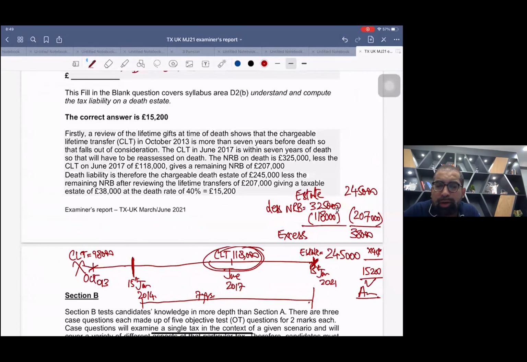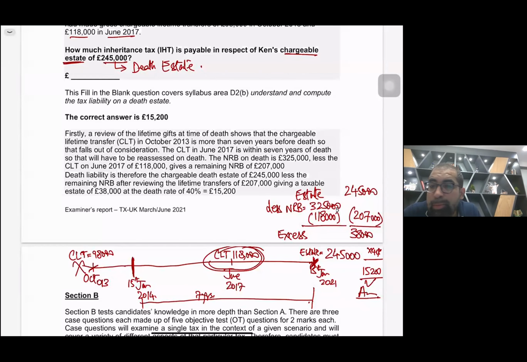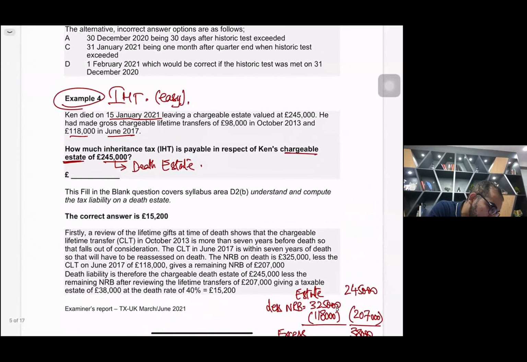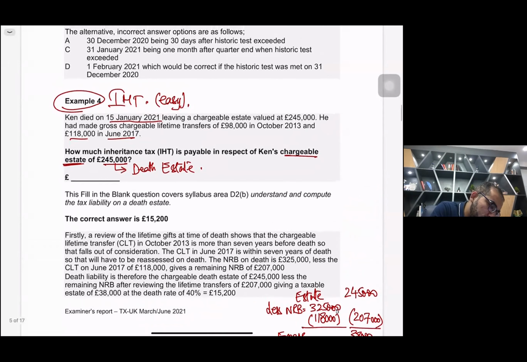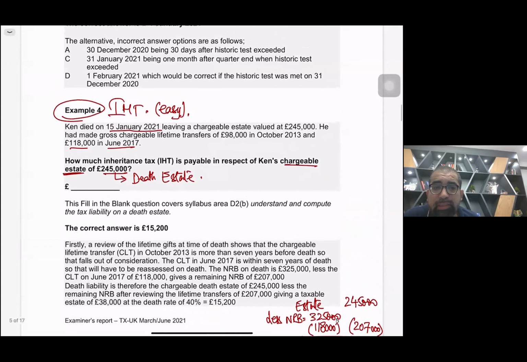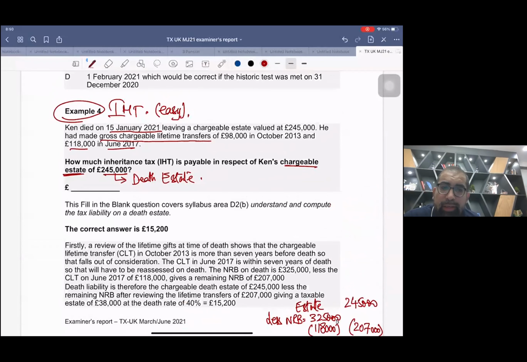For death estate, no annual exemption is available. And one more dodge: for the CLT, they have already given you the gross figure. See this word: they have given you the gross chargeable lifetime transfer. That means the annual exemption is already deducted.